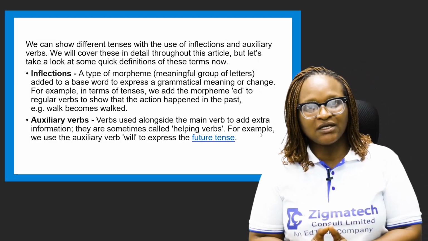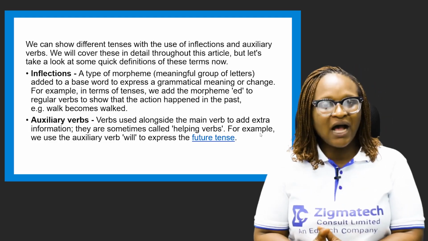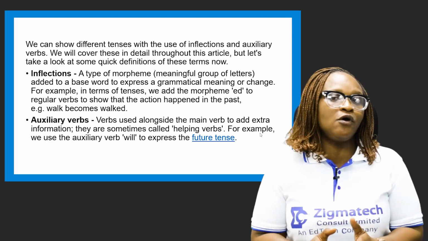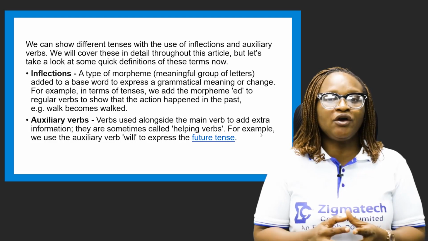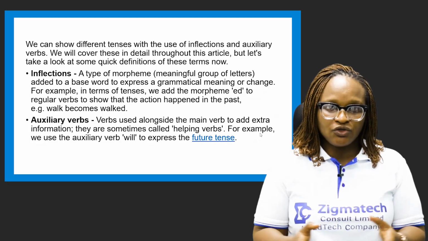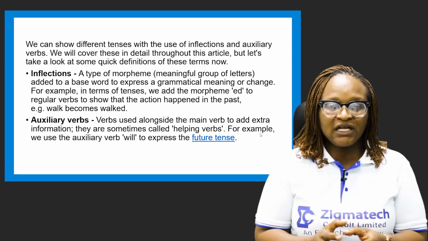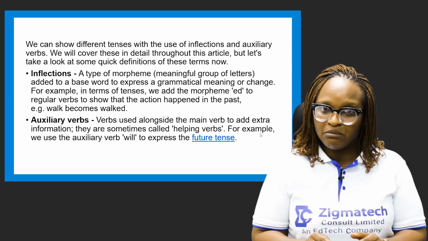Create is a present tense word, while created is a past form. So I've added the inflection d to the word create to form what? Created. So that's what inflections are. When you hear the word inflections in English, you should think of it as a type of what? Morpheme. And we said that morphemes are letters added to a base or root word to change the meaning of that word.